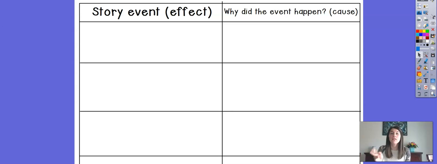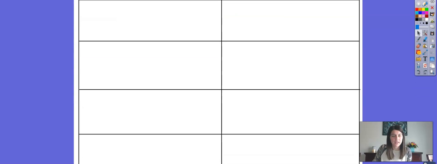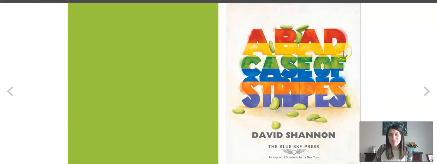But in fourth grade, it's a little bit different because we want to see what happens and what caused that. So why did that event happen? I wanted to show you this organizer so you don't get confused when you're doing it on your own in your work given to you from your teacher. So I figured we would do an organizer together while we're reading to help you get a little bit of practice. Bear with me as I pull up the story on my screen again.